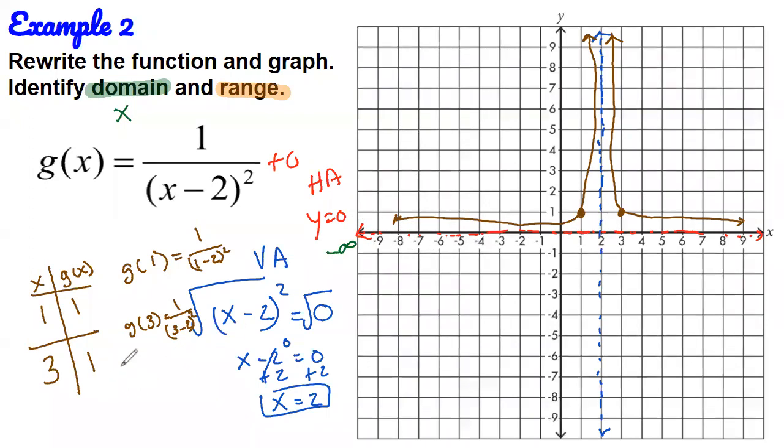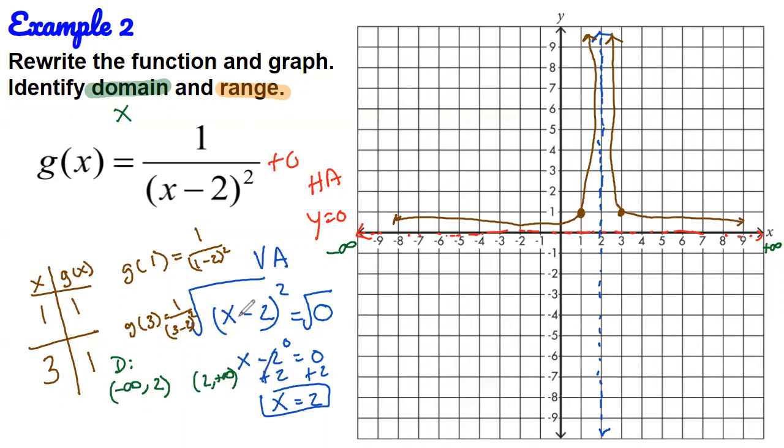2. So the way that we're going to write the domain is that we come from negative infinity all the way to 2. And then if we come from positive infinity, or from the right, we go all the way to positive 2. Now, I'm gonna show you guys how to write in a different notation. This right here is interval notation.